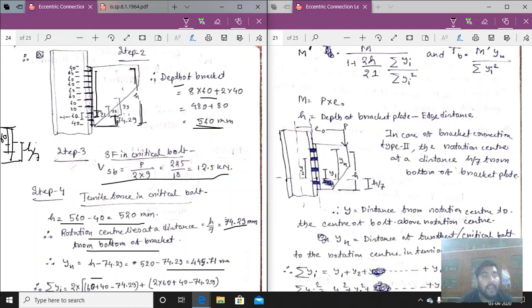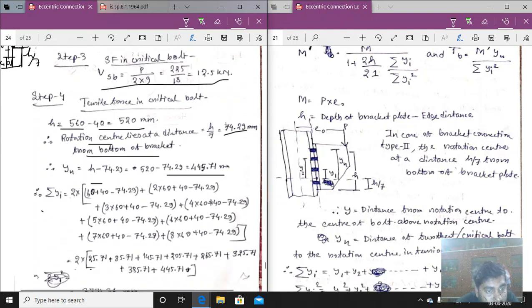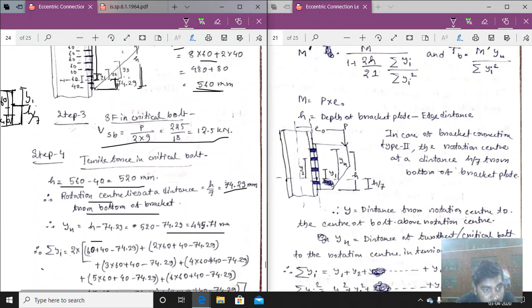And from here to here, this is 40. So 60 plus 40 minus H by 7 is the distance between the rotation center and the bolt. This is y1. So y1 is 60 plus 40 minus H by 7, putting in the value here.